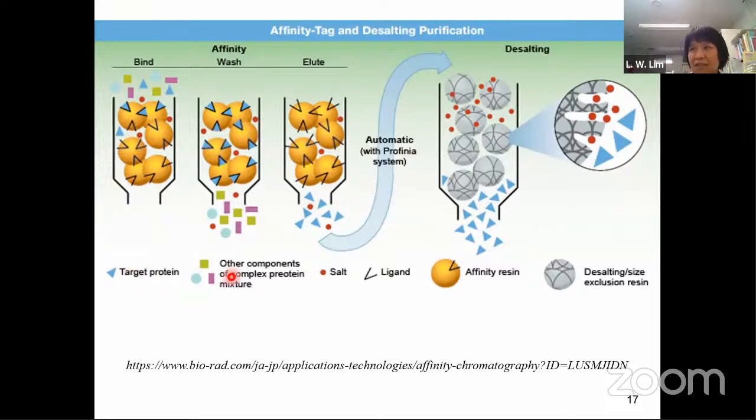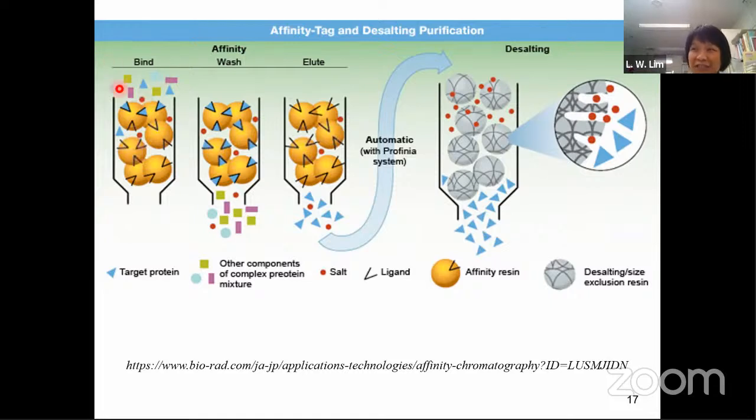Usually we will design the particles that have different affinity or different binding sites, so only certain proteins or certain compounds that have the interactions will fit the site. For example, this column has a triangle site, where the triangle is just the shape of the binding site.